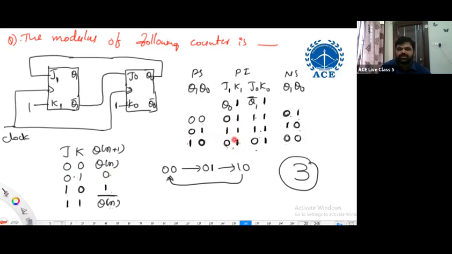When J1, K1 is 0, 1, Q1 next is 0. Are you getting a doubt, Pooja? Go with the characteristics if you are getting a doubt.